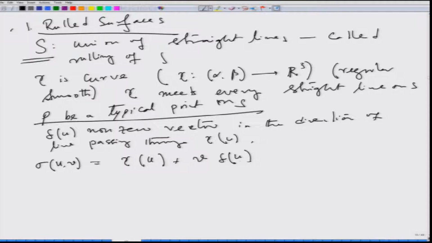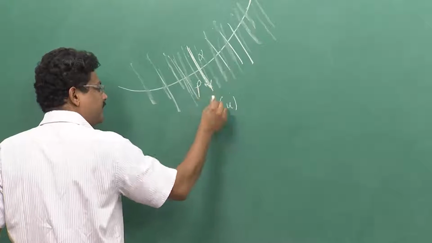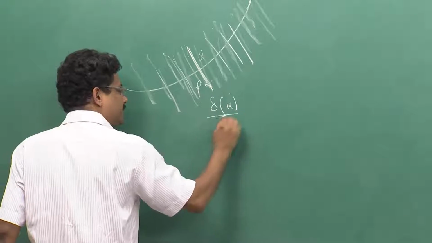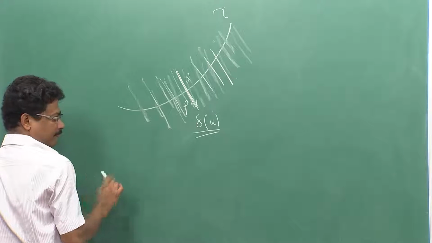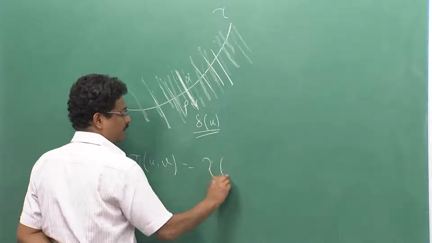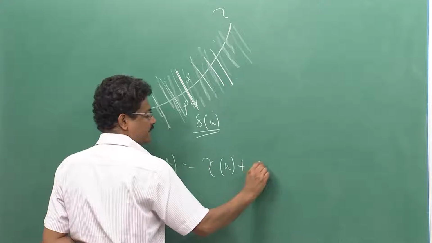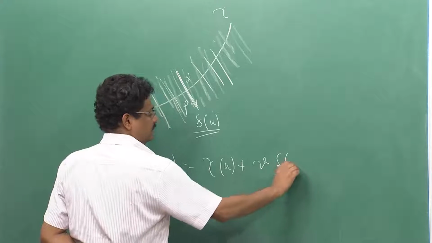So, what is happening here? This straight line intersects at Q, P is any point on the surface, delta u is the direction on which P lies, then sigma u v is gamma u plus v delta u.